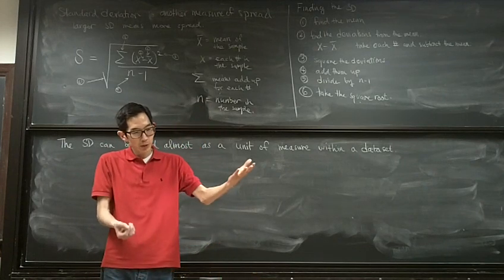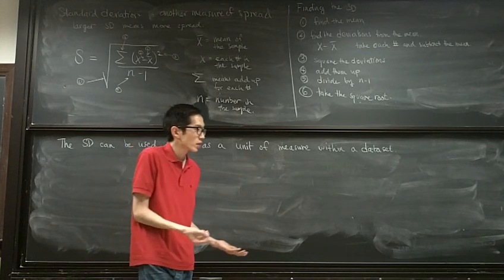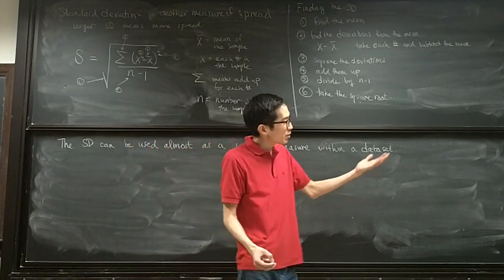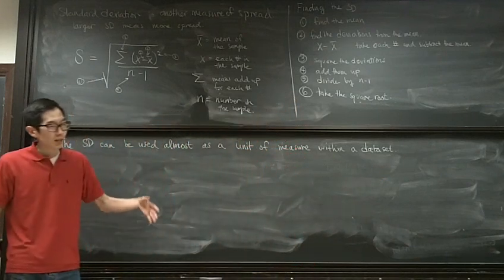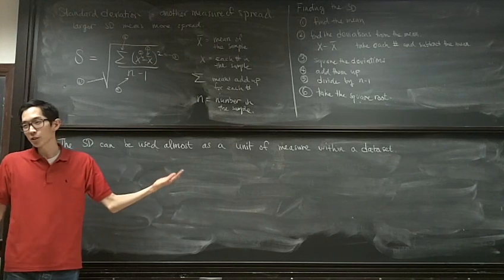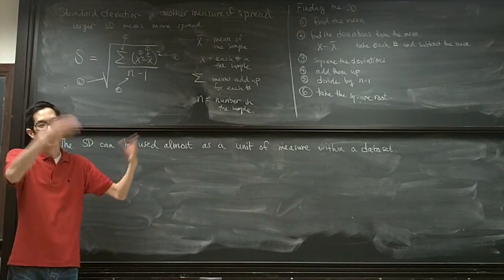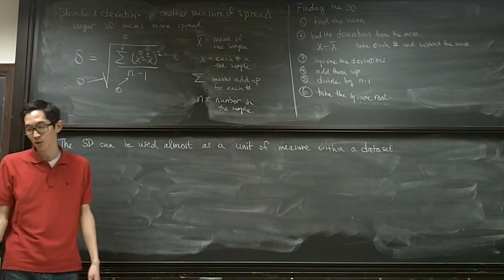So let me give you 2 examples here. What if I told you that for a certain type of tree, let's say the average branch length is 3 feet?